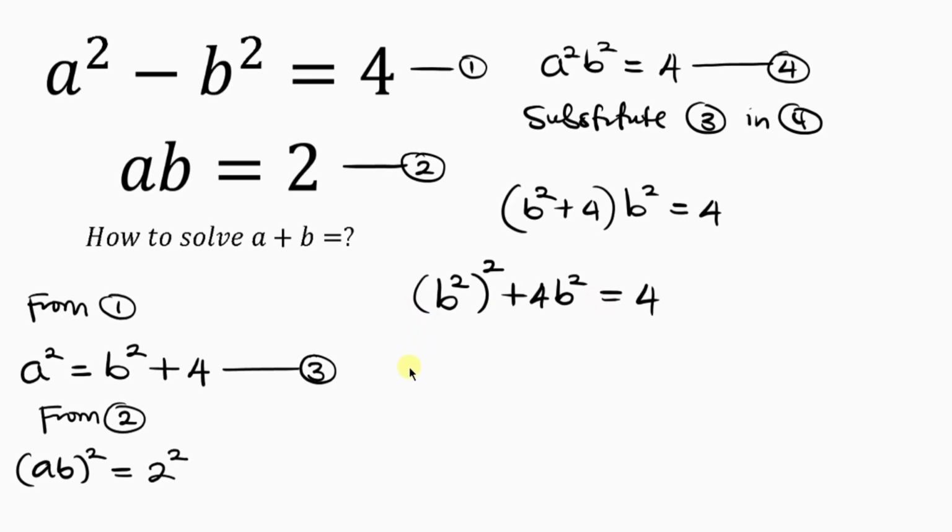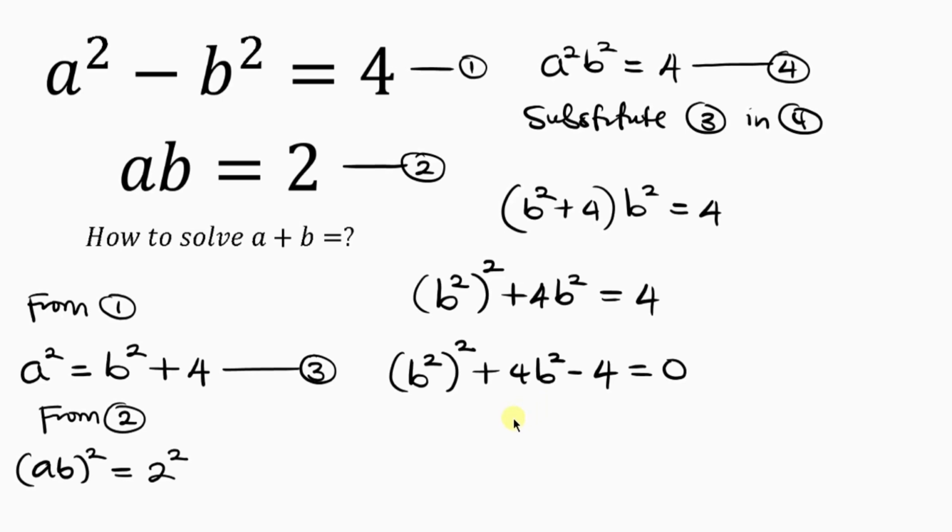I have b squared raised to the power of 2 plus 4b squared. Now as 4 crosses to the left, it becomes minus 4 equal to 0. Now notice that I have a quadratic equation in b squared. Now let's go ahead and solve this quadratic equation.